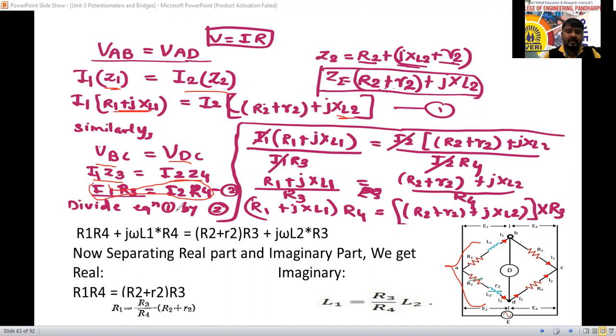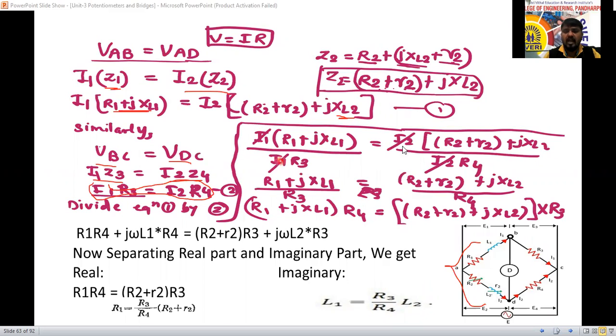This one we divide, LHS by LHS, RHS by RHS. Equation number 2: I1 R3 equal to I2 R4. So this I1 and this I1 will get cancelled.